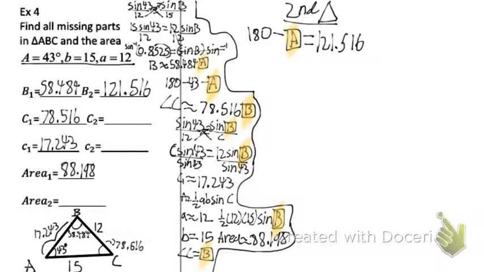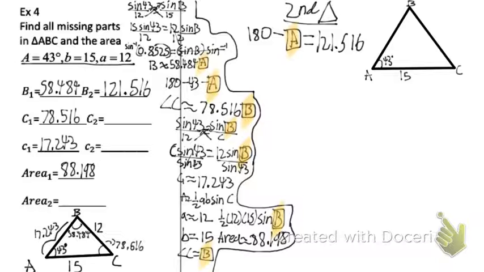Now let's draw a triangle. So this is A, that is B, and this is C. We already know that angle A is 43 degrees. Side B is 15.